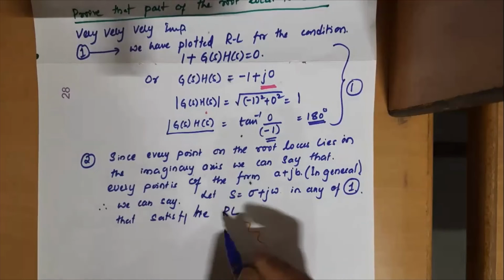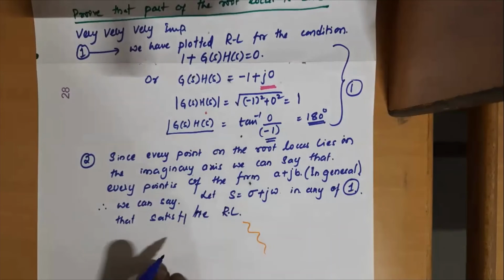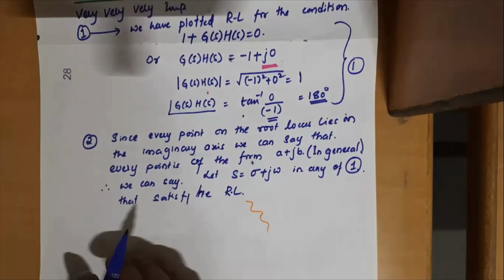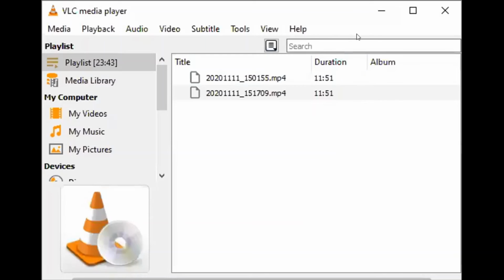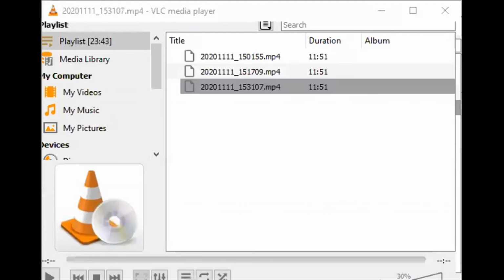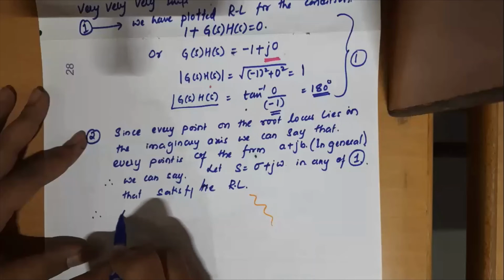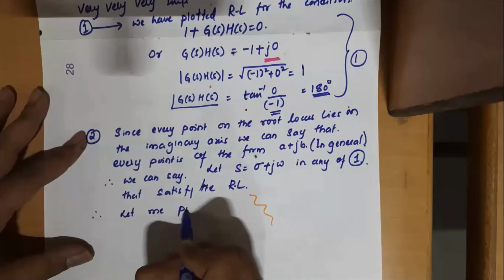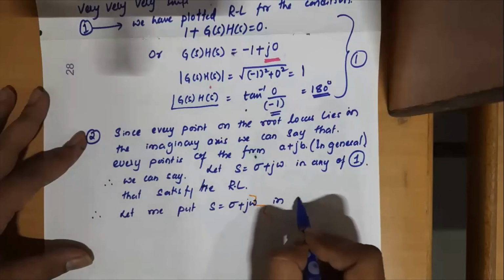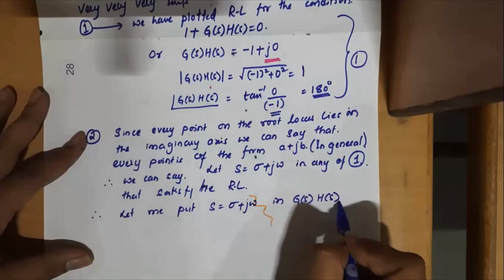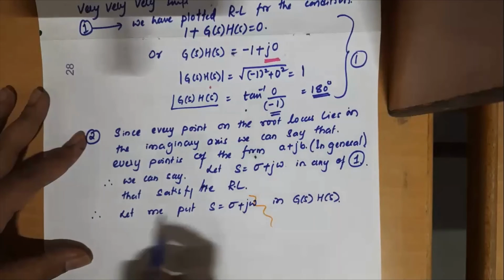So that satisfies the root locus. This representation means it satisfies the root locus. So let me put sigma plus j omega in G(s)H(s).